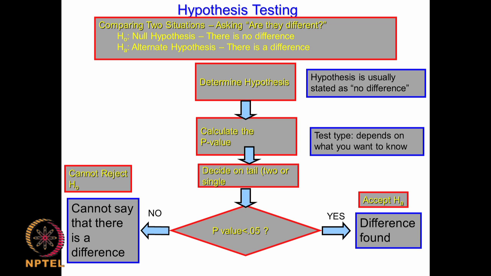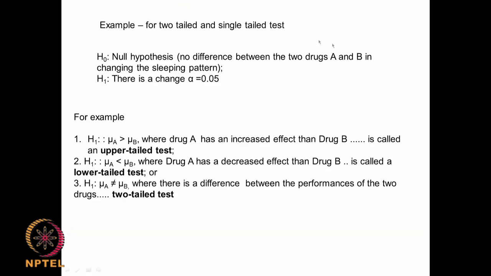Imagine I am testing two drugs in the market which affect the sleeping pattern. The null hypothesis could be there is no difference between the two drugs. The alternate: there is a difference at a 95% confidence interval. Now, what type of hypothesis equations will we put for the two-tail and single-tail tests?